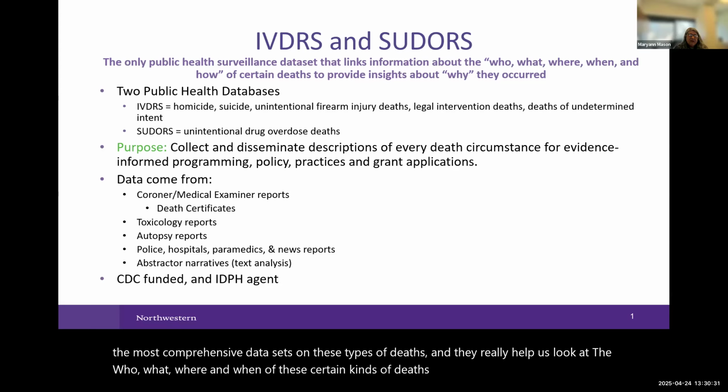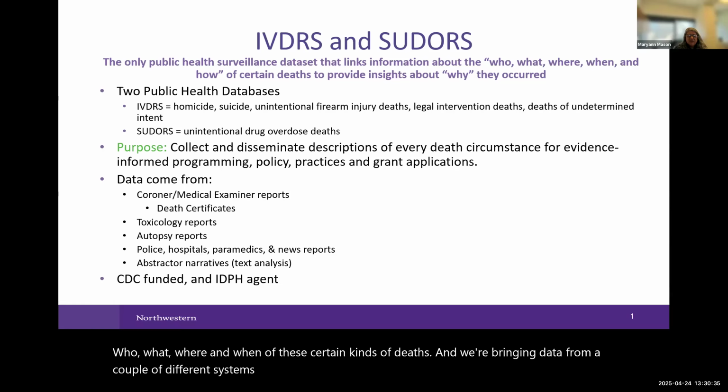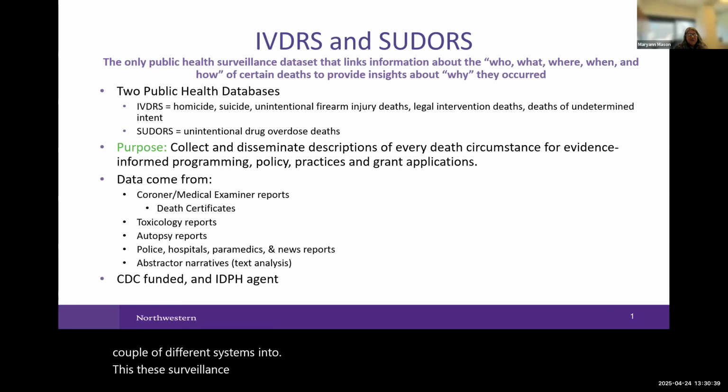And we're bringing data from a couple of different systems into these surveillance systems. Some of it is built on the coroner or the medical examiner reports and the death certificates.